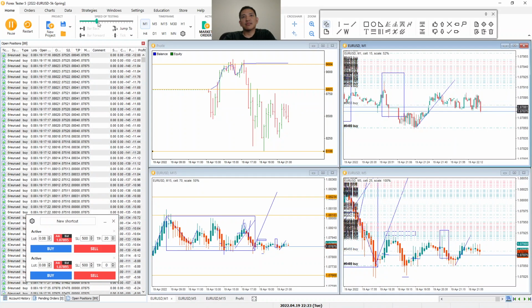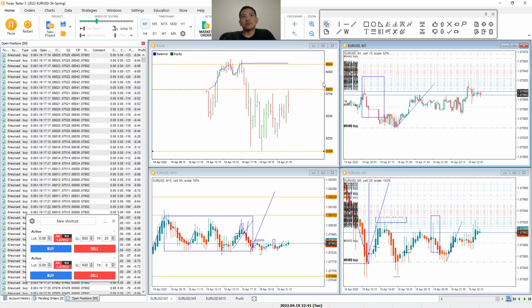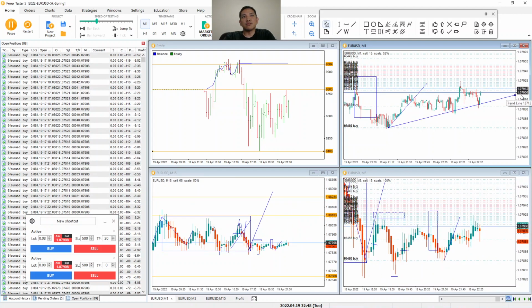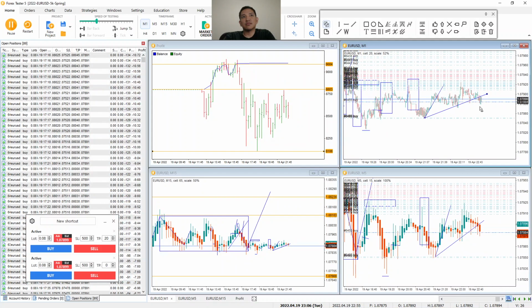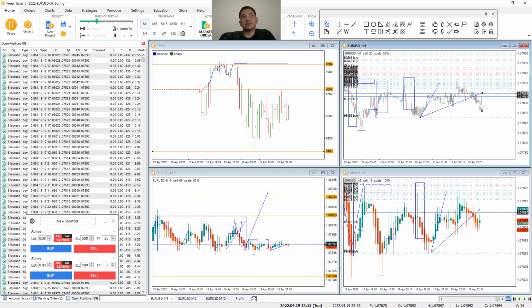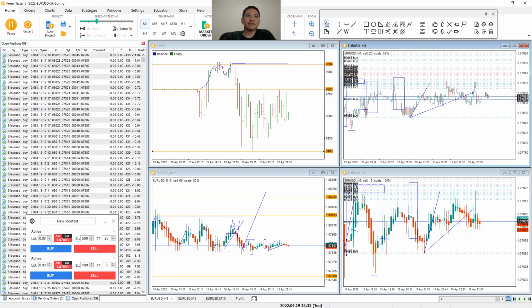Back down. Again, this is that consolidation. The afternoon session is very slow, but it should overall drift up. It is, comes back down.